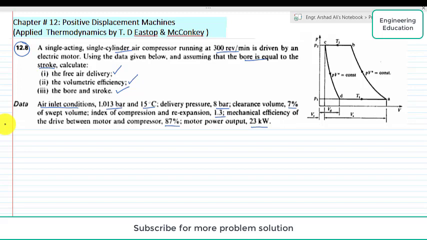So, extracting data from the given statement, the given data is: first, this is a single acting single cylinder compressor, so we can say that this is a single stage compressor.